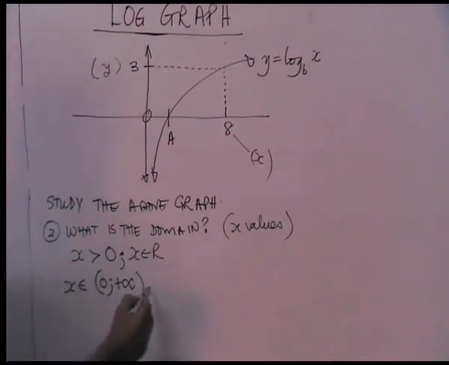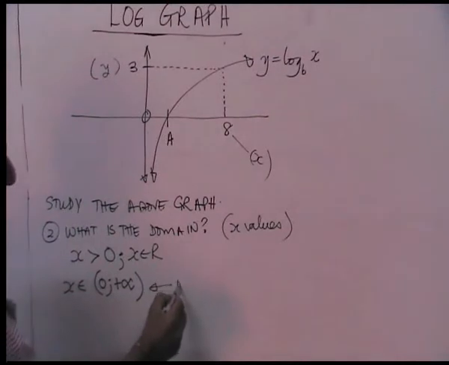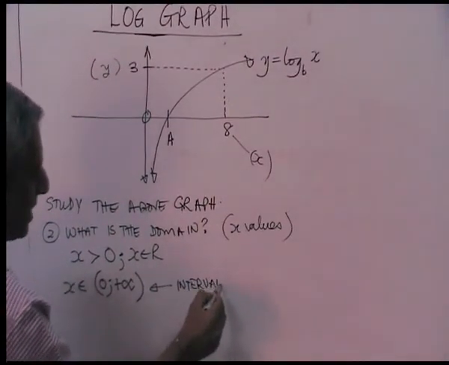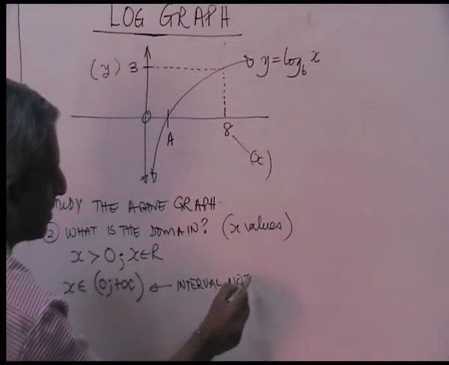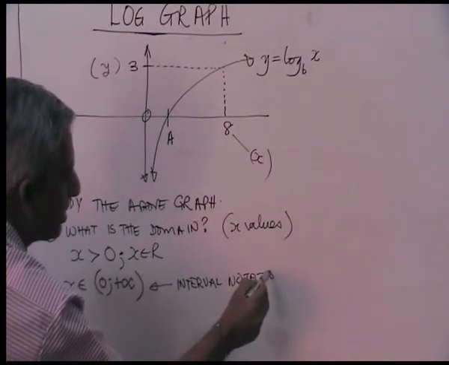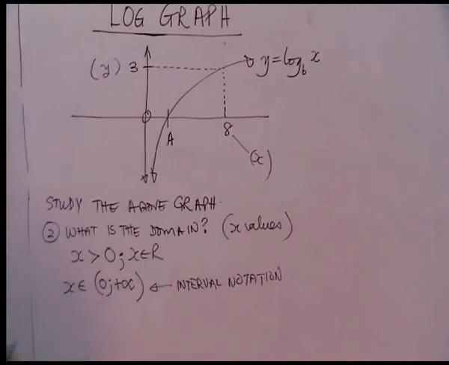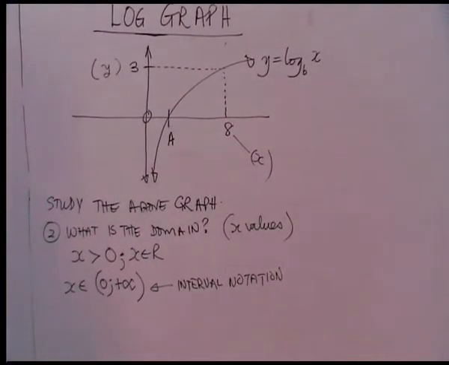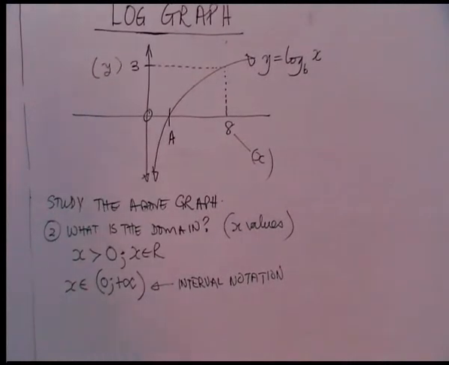Writing the answer like this is called interval notation. So you could write the answer in interval notation, or you could write it with a greater than sign. So that is the domain.